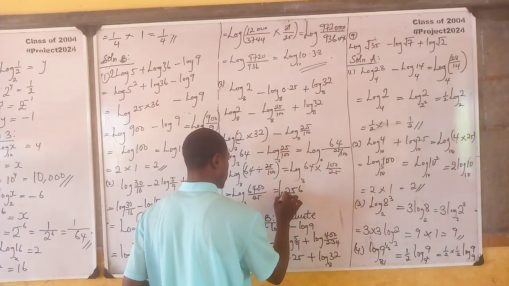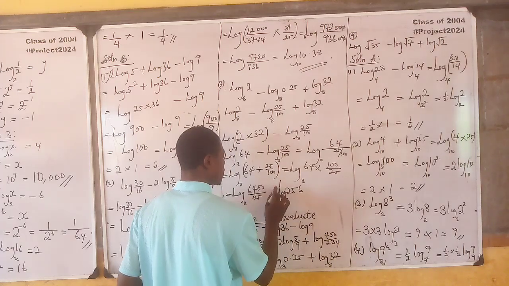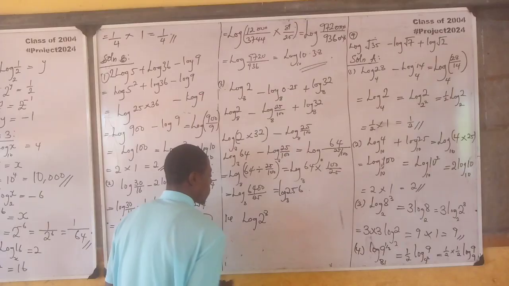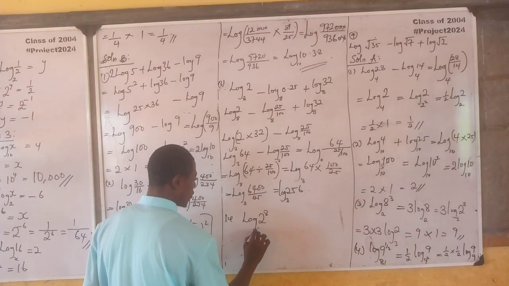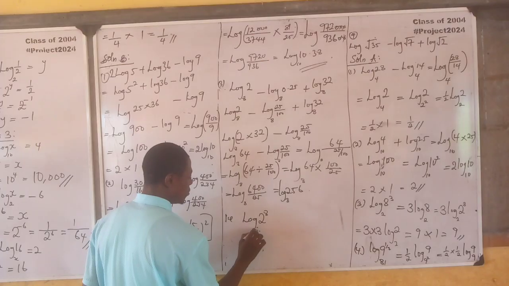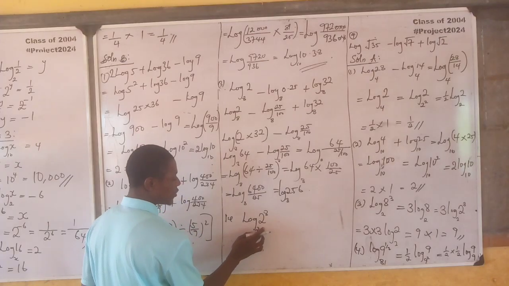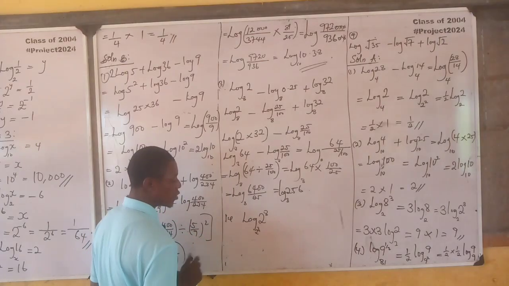Log of 256 in base 8. So now the power of 8. This particular 8 is the same thing as 2 raised to the power of 3. You discover that the base is raised to the power of 3 and the log itself is raised to the power of 2.